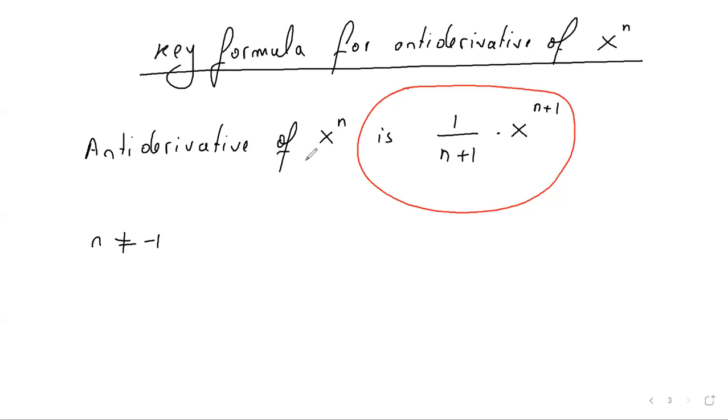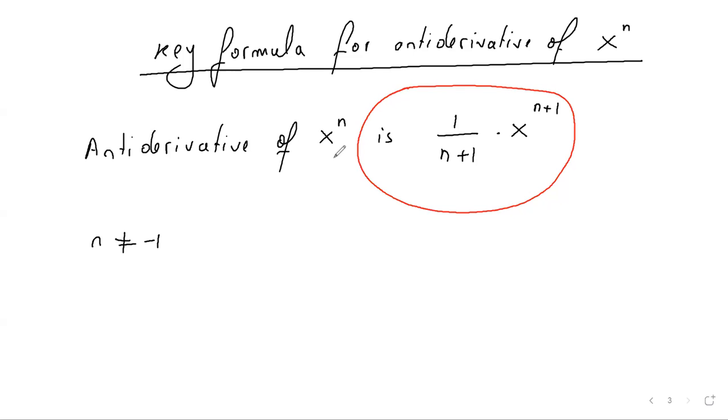Now, in physics or in our classes, x to the negative 1 is 1 over x. So we have 1 over x here, and in this class, we will not learn a formula for the antiderivative of 1 over x, because that doesn't fit the subject the way we develop it here.